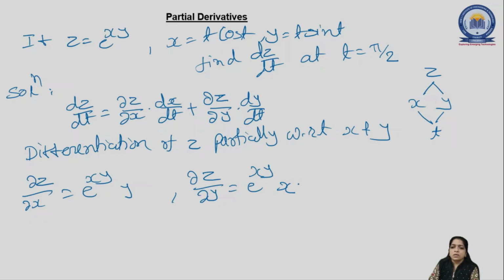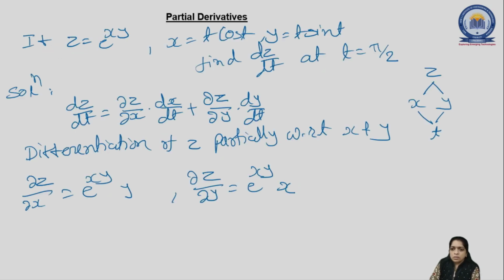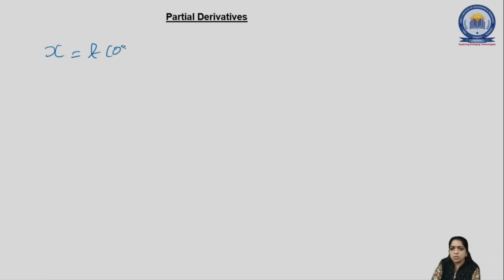Now the ordinary derivative of x with respect to t, and then the ordinary derivative of y with respect to t. Here x is t cos t. So dx by dt, after applying the multiplication rule for the derivative, is cos t plus t, the derivative of cos t is minus sin t.